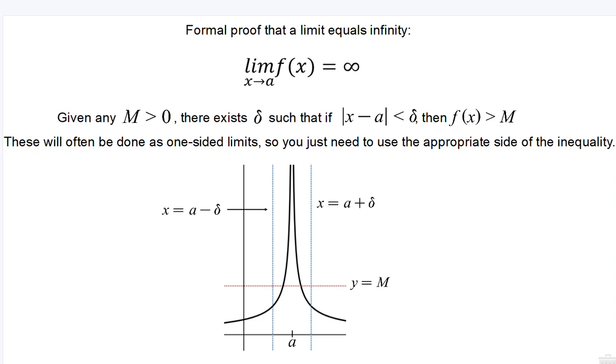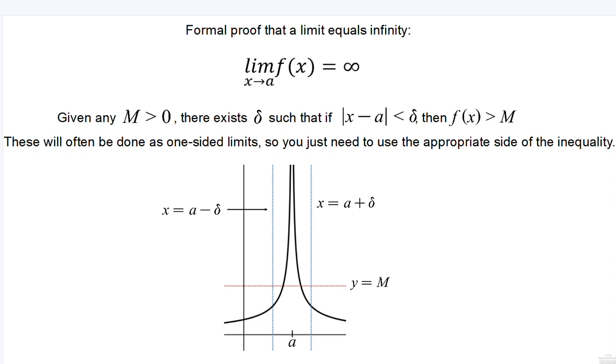Okay? So if we want to prove that the limit as x approaches a of f of x equals infinity, given some M value greater than 0, there must exist a delta such that if the absolute value of x minus a is less than delta, then f of x must be greater than M. So what's that saying?